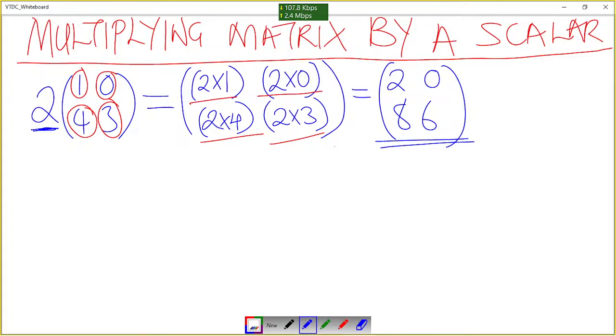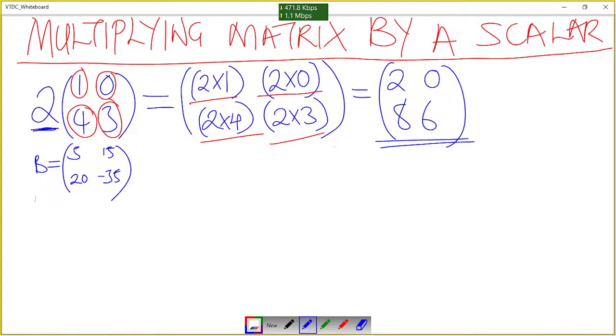Sometimes the question will be like this. They say B is equal to, open bracket, 5, 15, 20, negative 35, close bracket.